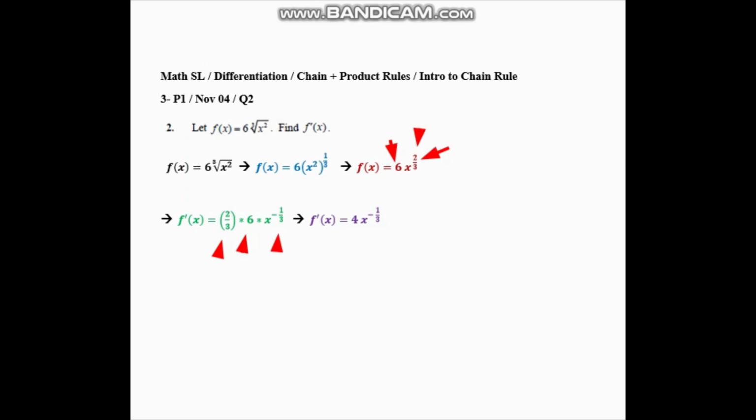And to go from the green equation to the purple equation, all I did was multiply the two constants by each other. 6 times 2 over 3 gives me 4, and hence my final expression is 4x to the power of negative 1 over 3. So take a minute to write this down if you will, and I shall begin question 4 shortly.